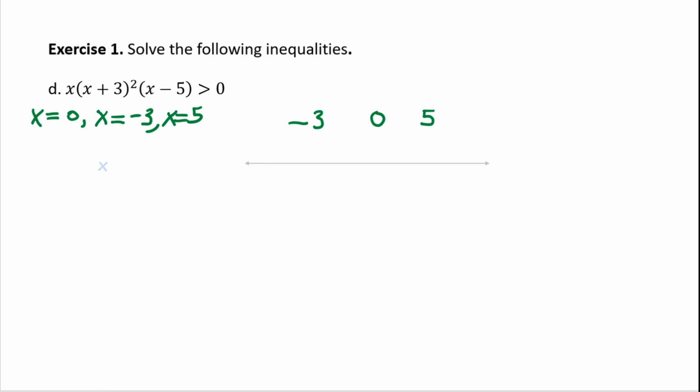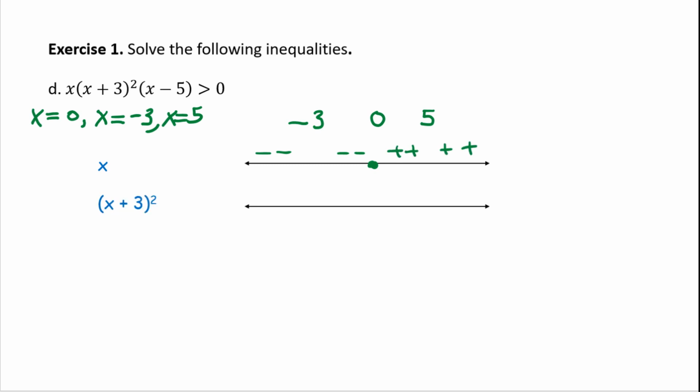The factor x is 0 at 0. It is negative to the left of 0 and positive to the right. The factor x plus 3 quantity squared is 0 at negative 3. The linear factor x plus 3 is negative to any number left of negative 3, but when squared, it is positive.